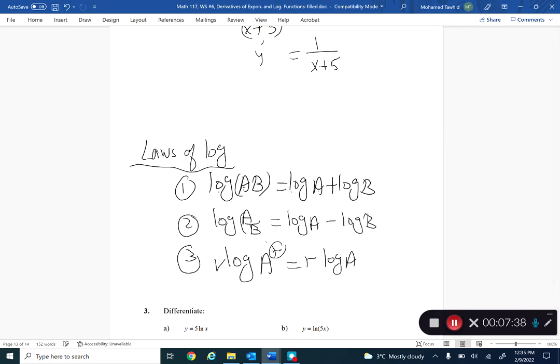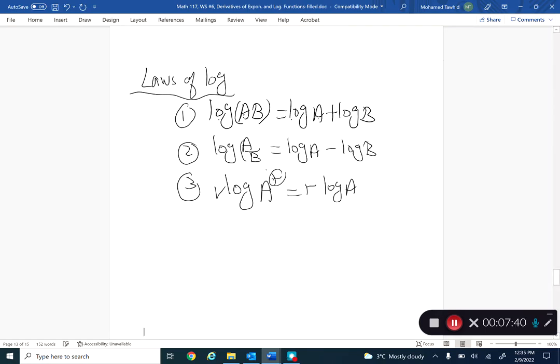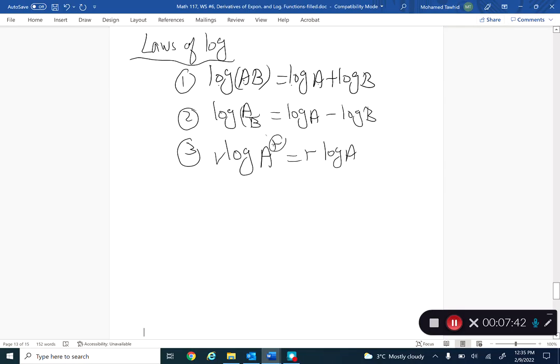Those three rules make our life easy when we solve problems. For example, that is your r, the exponent, and then I put that in front of my log.